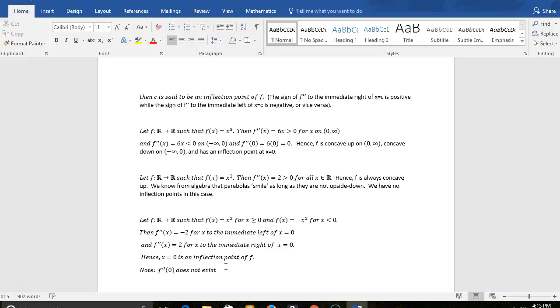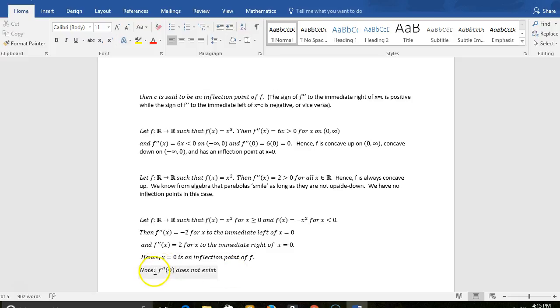Guys, the reason is if you were to do the first derivative of this, you would get the absolute value. The f prime function would be literally the absolute value function. Remember, the absolute value function is continuous at the origin, but it is not differentiable at the origin. So you can do the first derivative of this guy at the origin. F prime of 0 will exist at the origin, but f double prime of 0 will not exist at the origin.